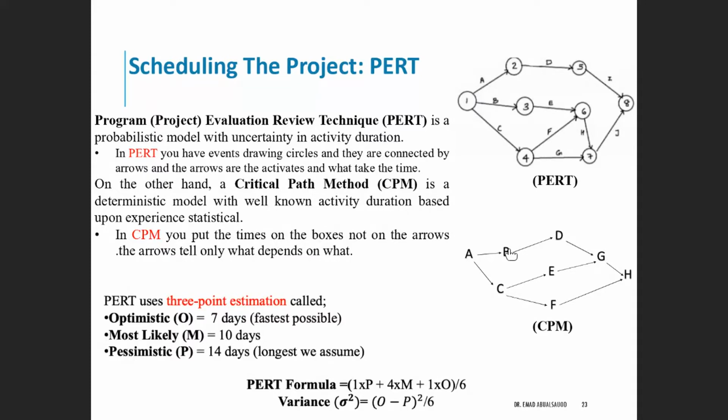So maybe the question you ask is when do I use PERT and when do I use CPM. To make it simple, both of them are suitable for project management in terms of the activity. But if you have used the work breakdown structure, it would be better to use the CPM.